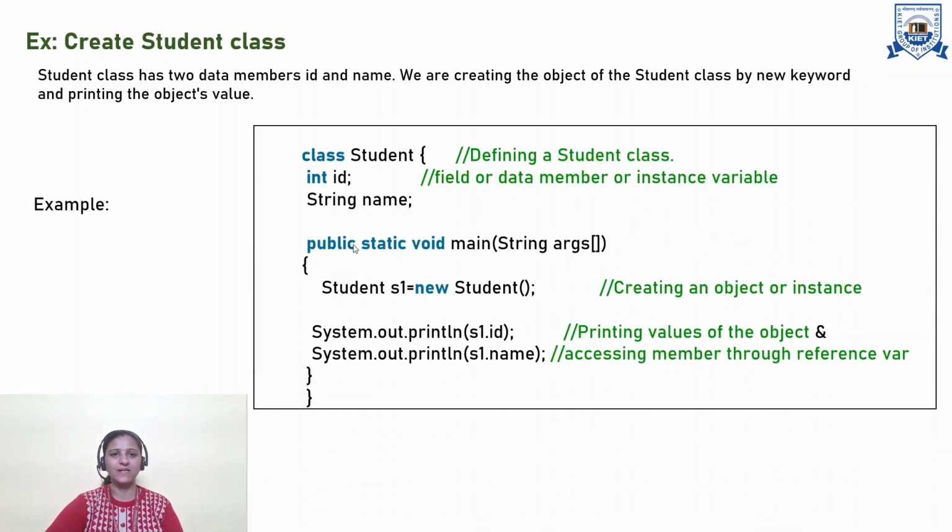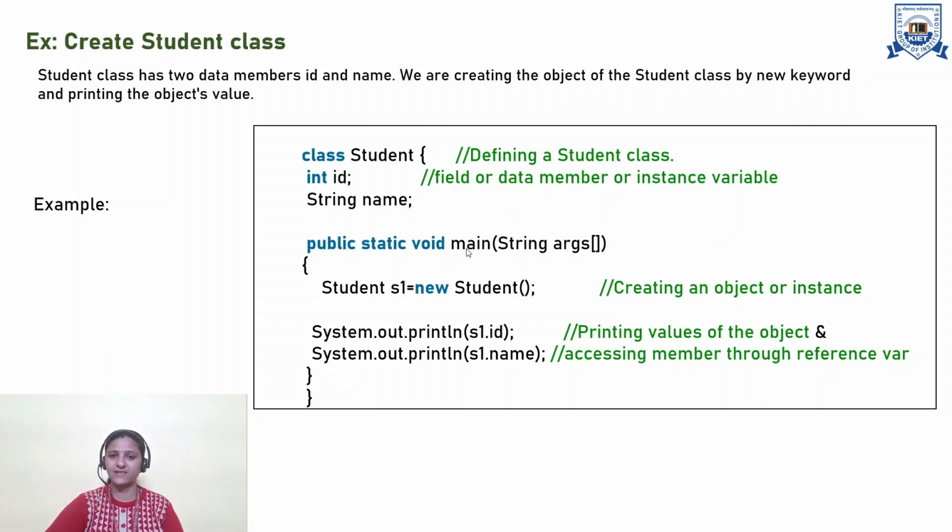So let's have an example. The name of the class is Student. This way, we are defining a Student class. The class contains an attribute or field of integer type, whose name is ID. Another one is the name attribute of string type.